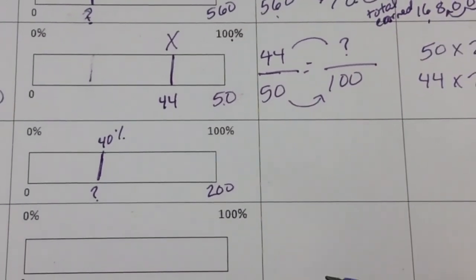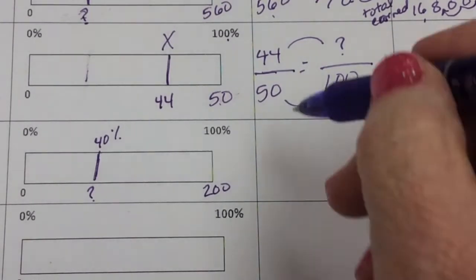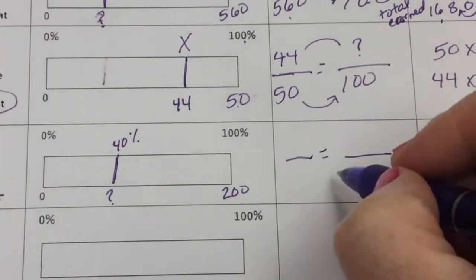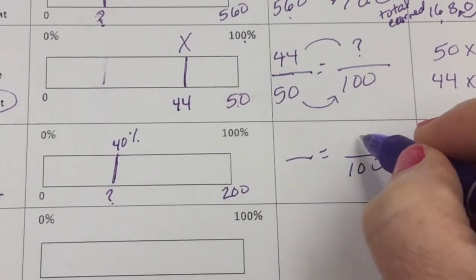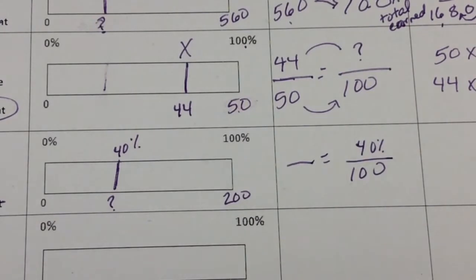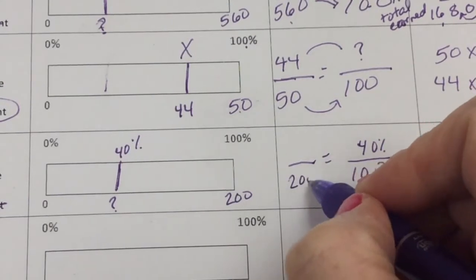Now, my percent proportion, part over whole equals percent over 100. So my 100% goes here, my 40% goes on top, and my 200 is the whole amount.